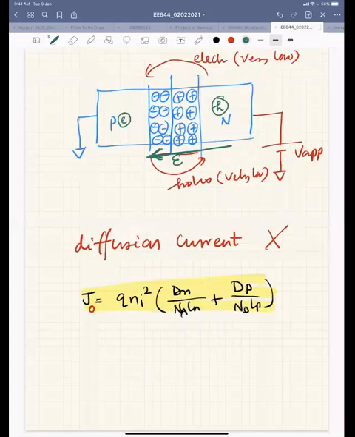When I talk about forward bias, we have injection of majority carriers, because electrons are injected from N to P and holes are injected from P to N. But in the reverse bias, because you don't have majority carrier injection, it is the minority carriers. Electrons are moving randomly in the P side, and the moment they come across the edge of the depletion region, they experience this field and they just flow.